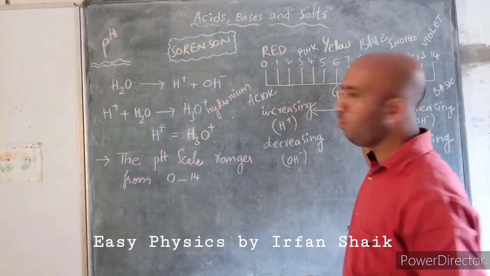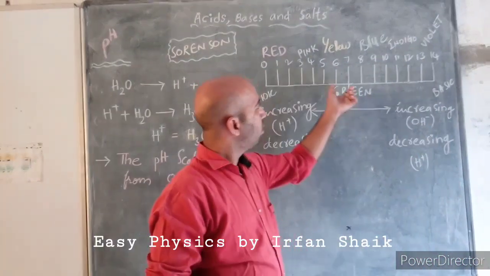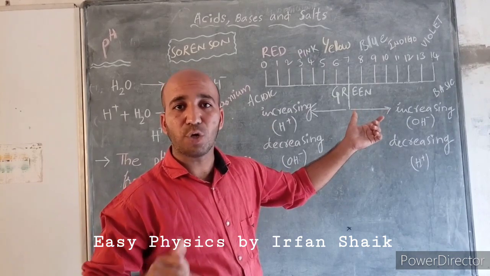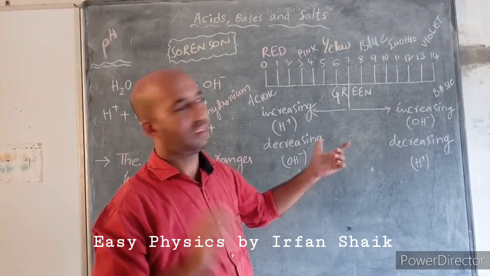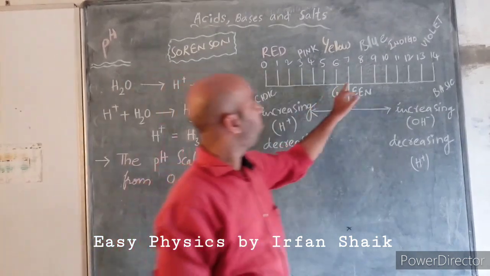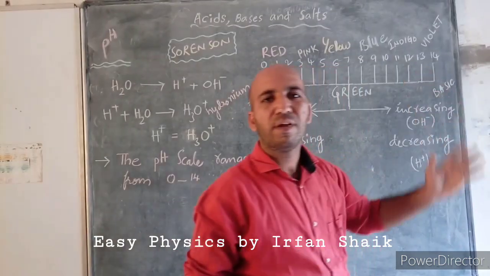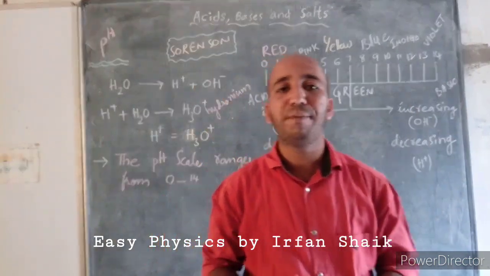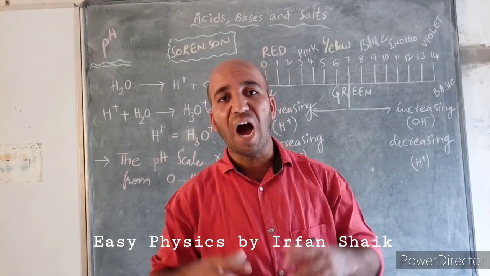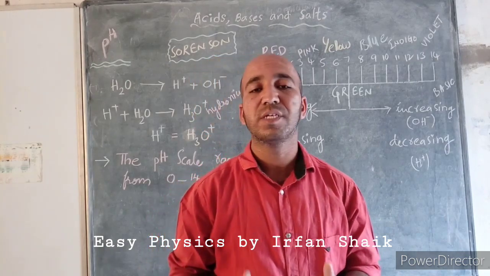As the pH value increases again from 7 to 14, the hydrogen ion concentration decreases and the hydroxyl ion concentration increases. That means the OH minus ion concentration increases from pH 7 to 14. The solutions having pH value 13 or 14 have a very high concentration of hydroxyl ions, that is OH minus ions.